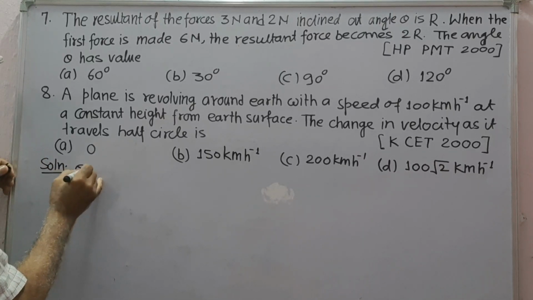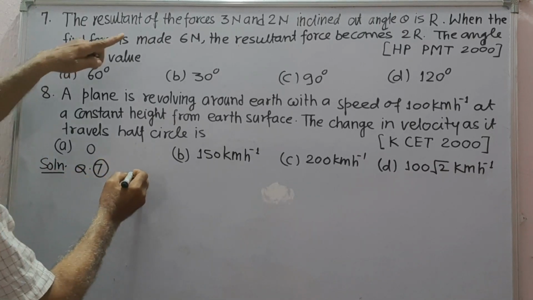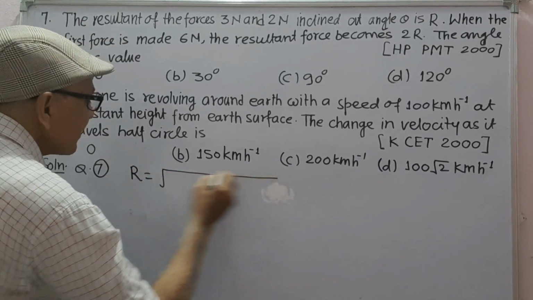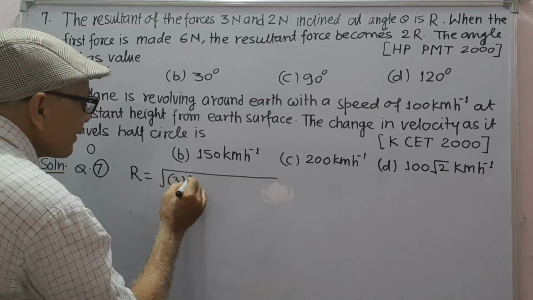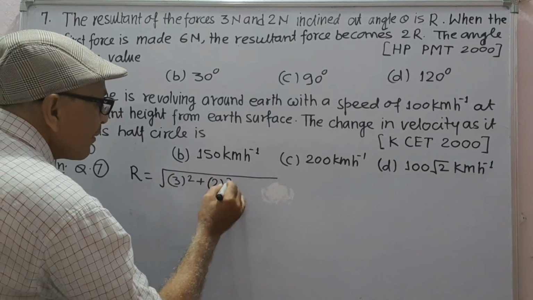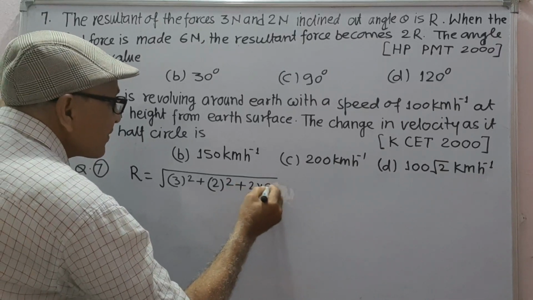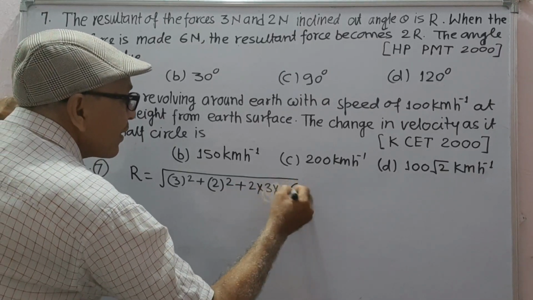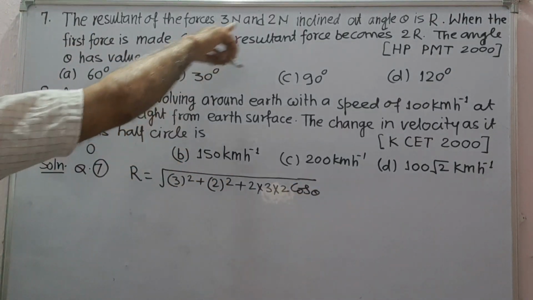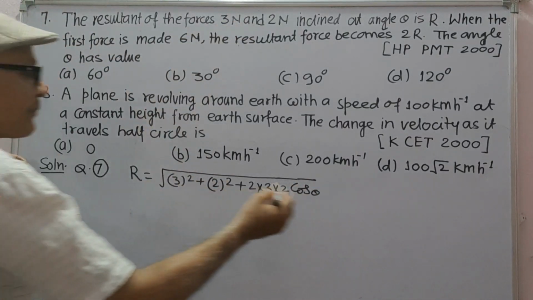to question 7. Initially, R will be equal to under root 3 square plus 2 square plus 2 into 3 into 2 cos theta, where theta is the angle between these two forces.